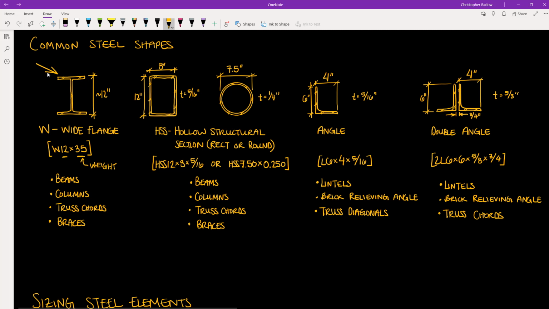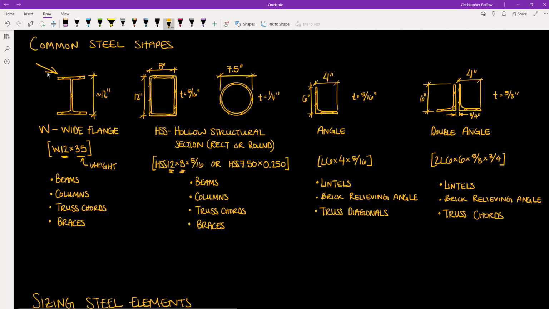Next we have hollow structural sections, which can either be rectangular or round. And for an HSS rectangular section, the first two numbers will be their exact depth and width. And so unlike wide flange sections which give a nominal depth, meaning that the actual depth may be a bit larger or a bit smaller than this number given, for hollow structural sections, the numbers given will be the exact depth and width.